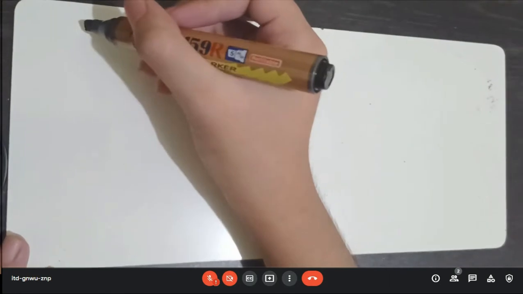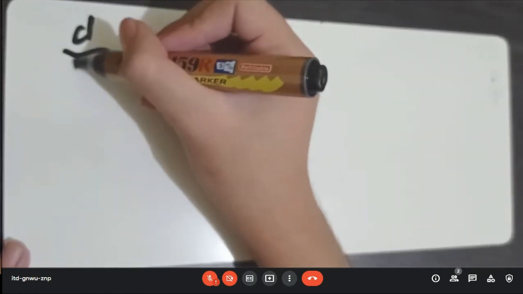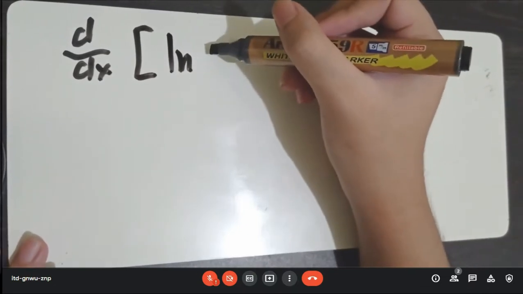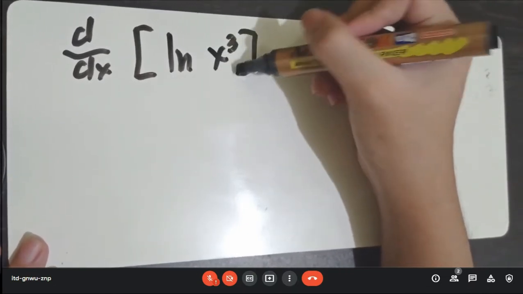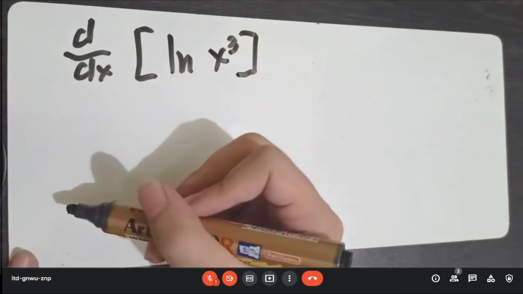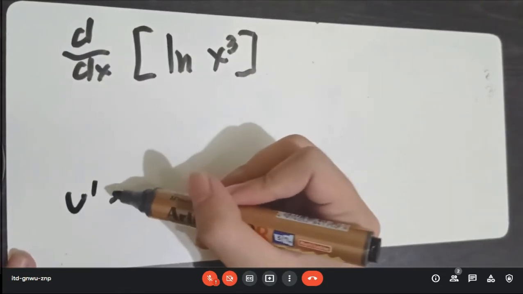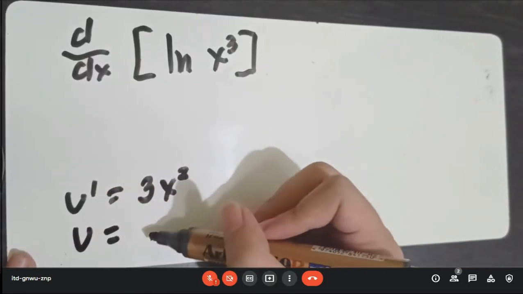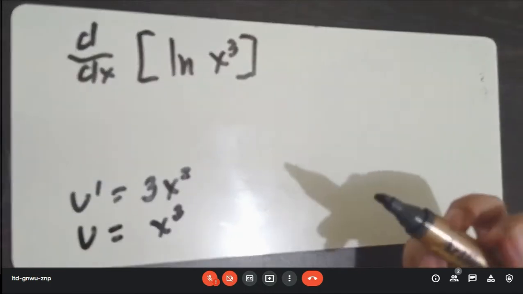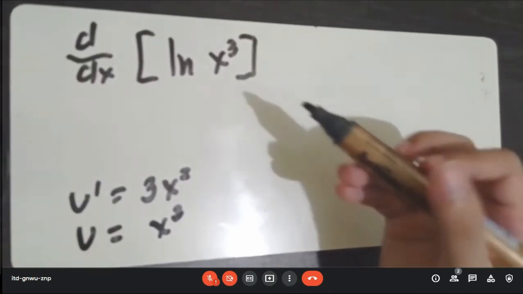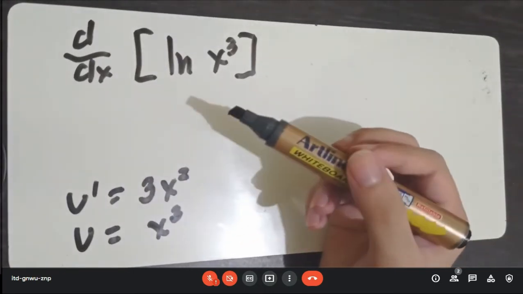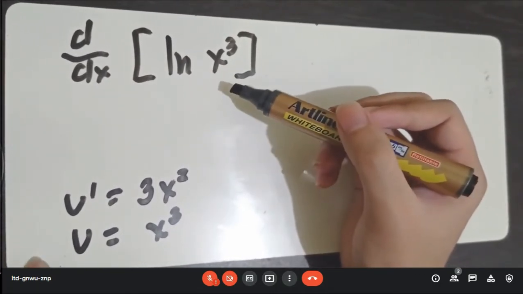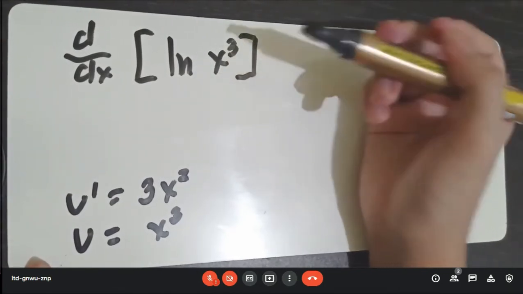The next example is the derivative of ln x cubed. So the u prime here is 3x squared and the u is x cubed. You need to find first the u prime, which is the derivative of x cubed, and the u is just, or you only need to copy this x cubed.